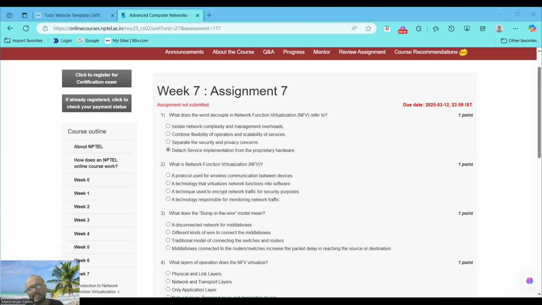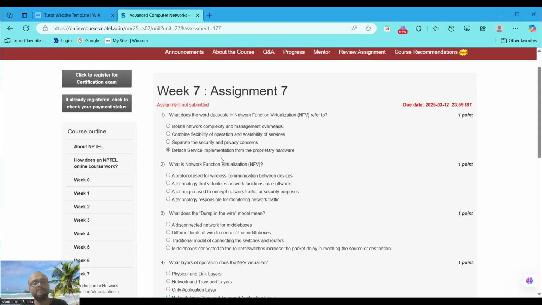So option one we can say is an incorrect statement, because decoupling is not about isolating complexity, but about hardware-software separation. The second option, option B, combining flexibility of operations and scalability, is also incorrect because it is not the meaning of decouple. The third one is also incorrect because security or privacy separation is not the primary focus of NFV decoupling. The correct option is that NFV detaches the service logic from the hardware, a core principle. That's why option A is the right answer.